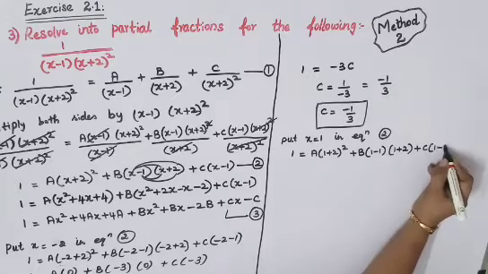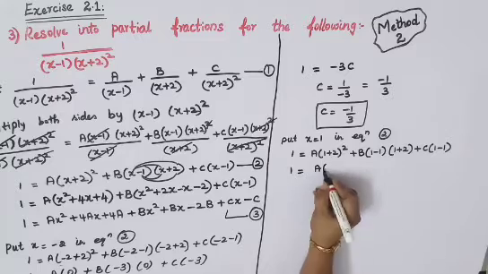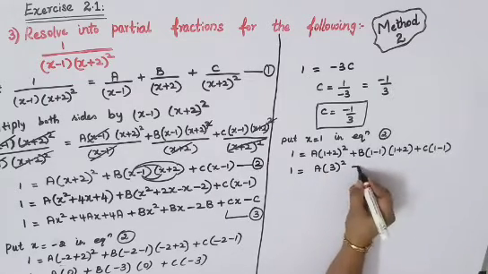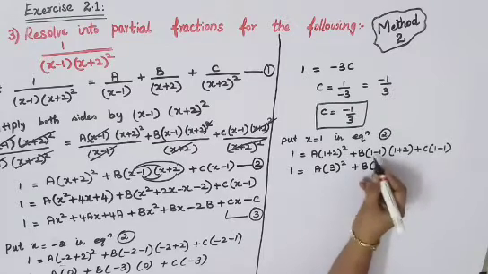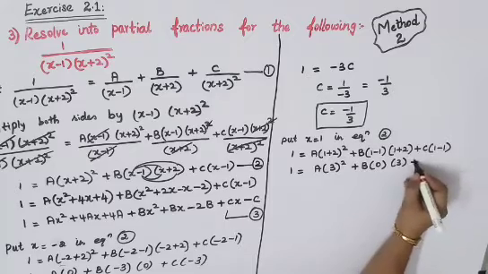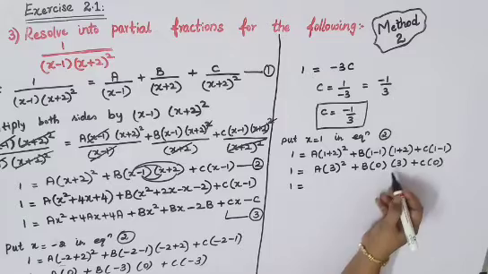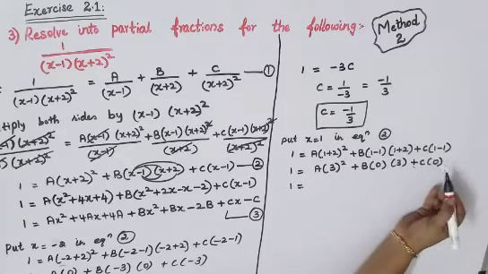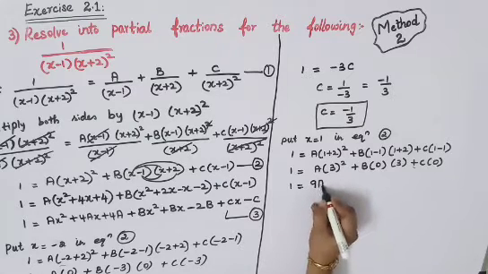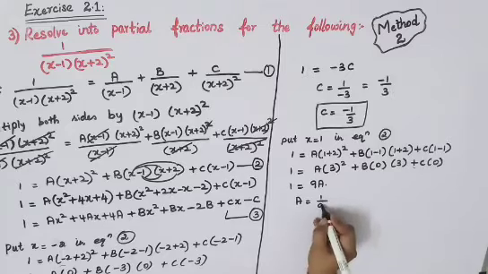So 1 minus 1. So 1 is equal to a into 1 plus 2 is 3. So 3 square plus b into, this part will become 0 into here you will have 3 plus c into again 0. So 1 is equal to, so this whole thing will become 0 and this will also become 0. So I will have 3 square is 9a. Therefore, your a is equal to 1 by 9.